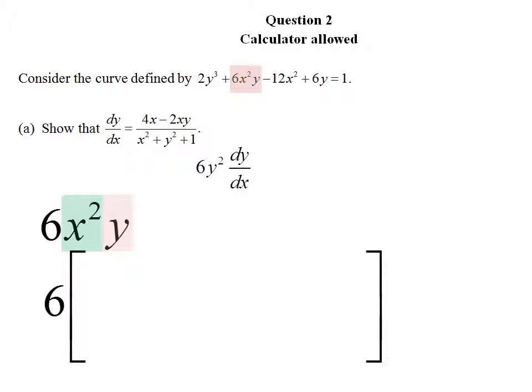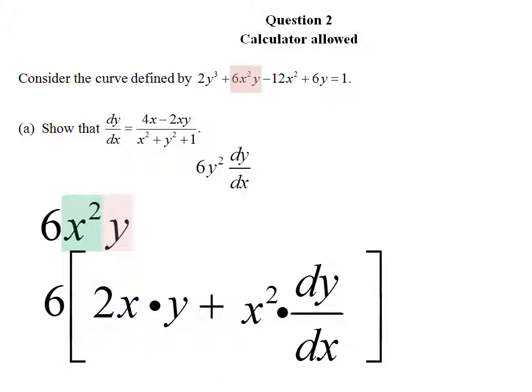You'll recall that the product rule says take the derivative of the first function times the second function plus the first function times the derivative of the second function. So we'll distribute that 6 to these two terms inside the brackets, and we'll get two new terms for the result after differentiating both sides of this equation.